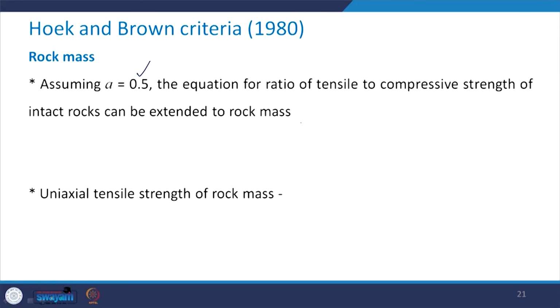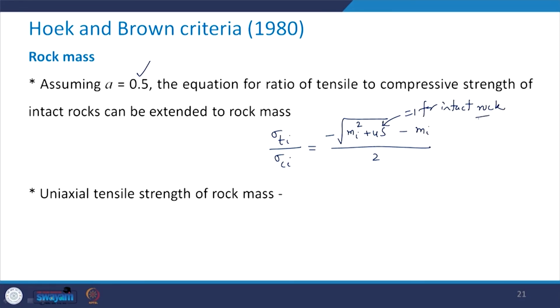So, this was sigma Ti divided by sigma Ci equal to minus (square root of mi square plus 4s, minus mi) divided by 2. This was for the intact rock, and obviously this s would be equal to 1 for the intact rock. But right now I am not substituting it equal to 1 because I want to extend this expression in case of the rock mass.